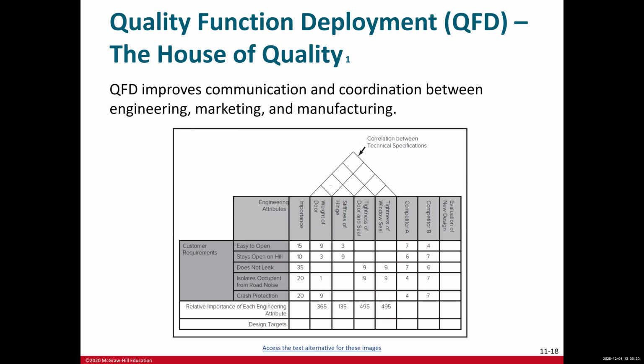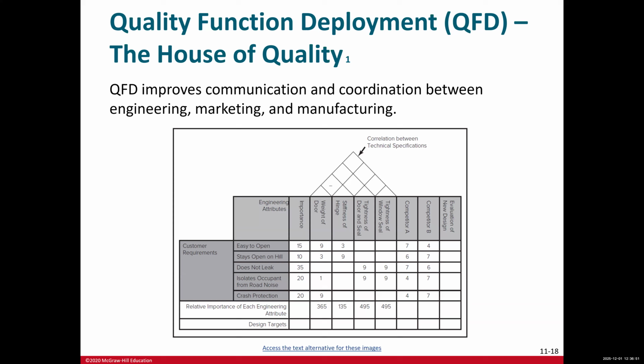And the quality function deployment, or QFD, is a very interesting framework, the house of quality, that we usually use as managers to improve communication and coordination between different departments. As you can see, for this case, it's for engineering, manufacturing, and marketing. And you can see a house correlation between different features.